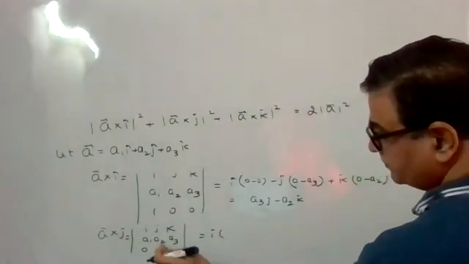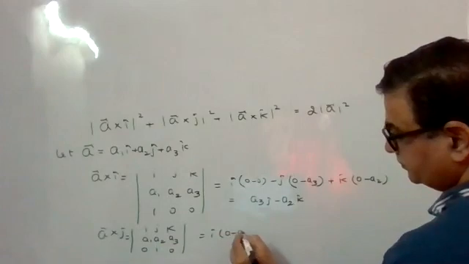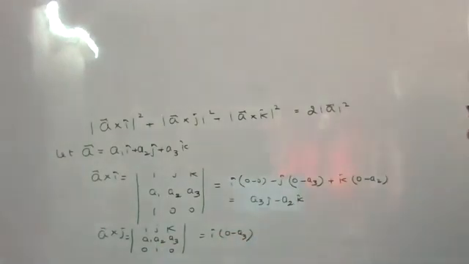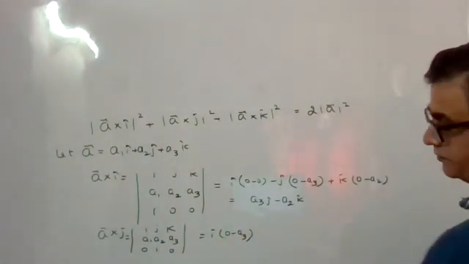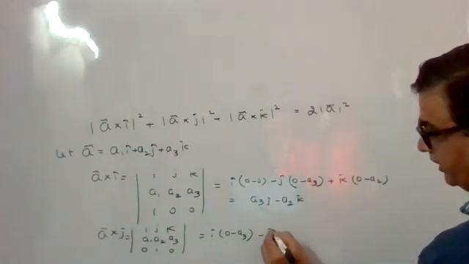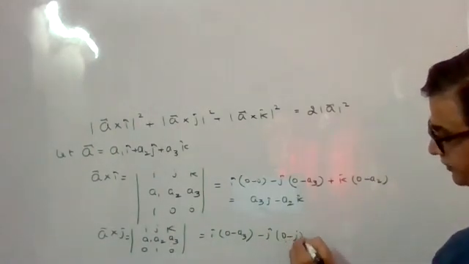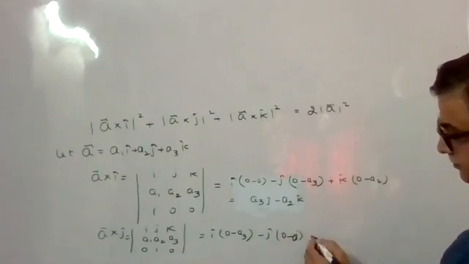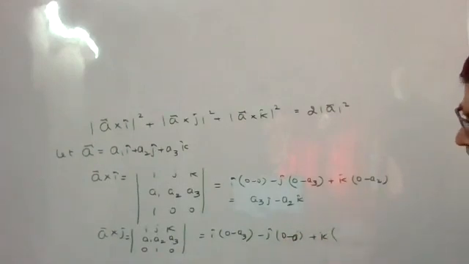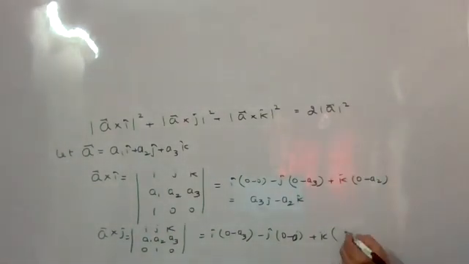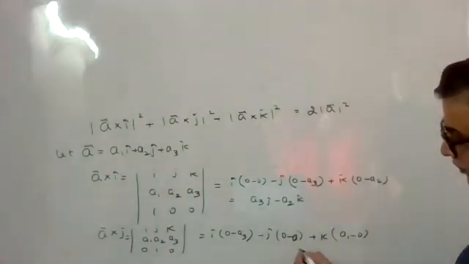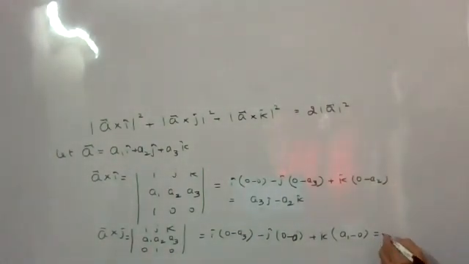I times 0 minus A3, then this is minus of J, 0 minus 0, and then comes out to be K, A1 minus 0. So this will come out to be minus of A3 I cap, plus of A1 K cap.